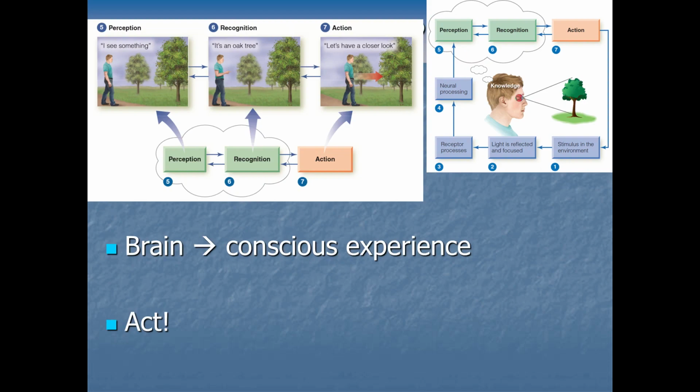I've now detected it in a way that I can do something, that I can act, that I can, say, have a closer look, right? So finally, the brain is doing more processing and eventually giving us that conscious experience, where we recognize, we categorize things, we act based on what we perceive. The key point here is this is a process that takes some time. It takes large fractions of a second between the transduction by sensory receptors and our experience of seeing or hearing something.